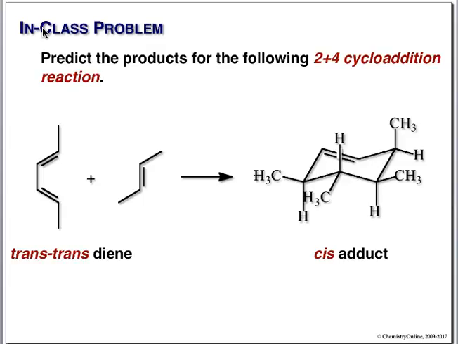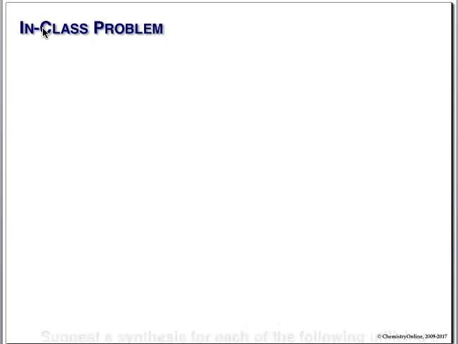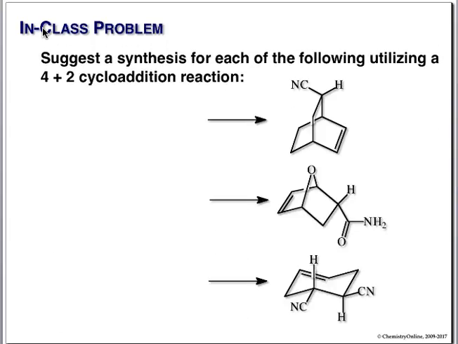Now, remember how we looked at our product, and we worked backwards to figure out what the diene and dienophile were? Well, that's called a synthesis, isn't it? So let's do some of these problems backwards. Go ahead and draw the reactants that you need to make each of these compounds.